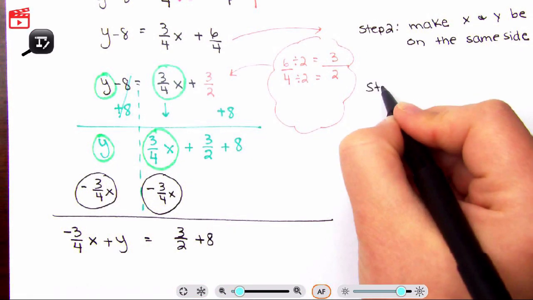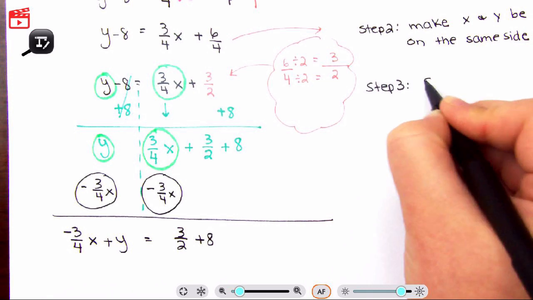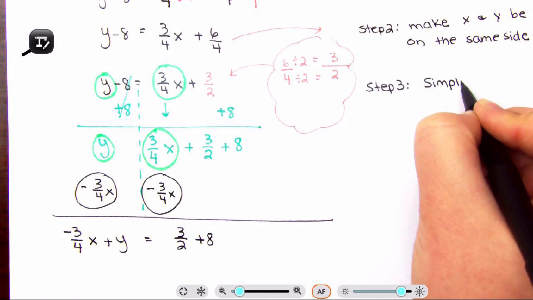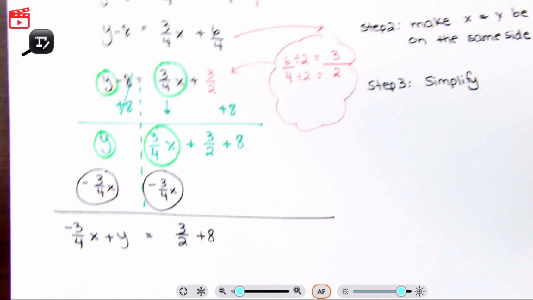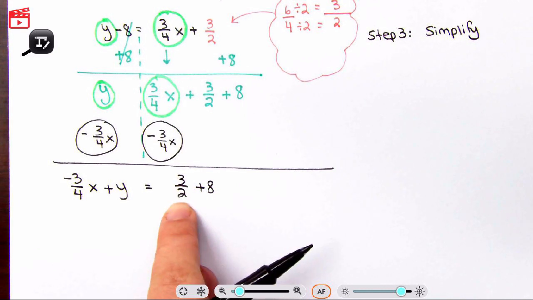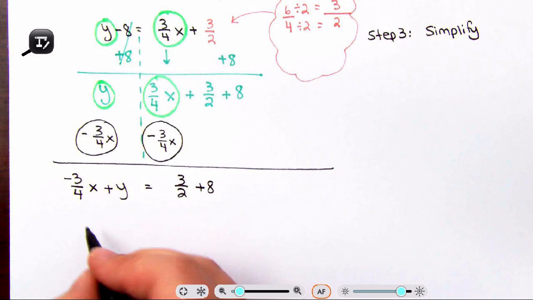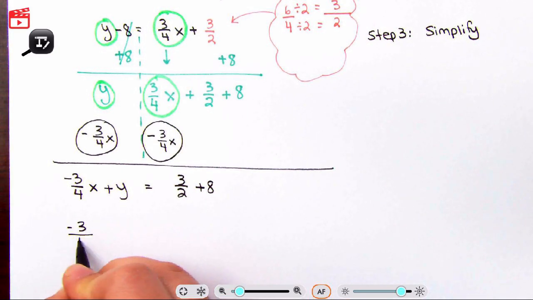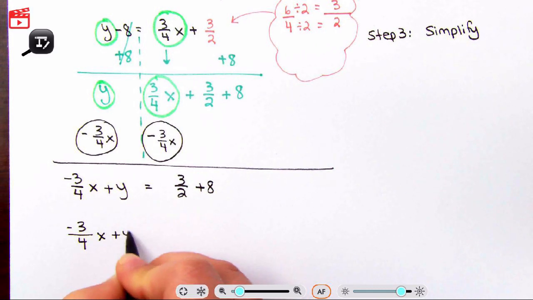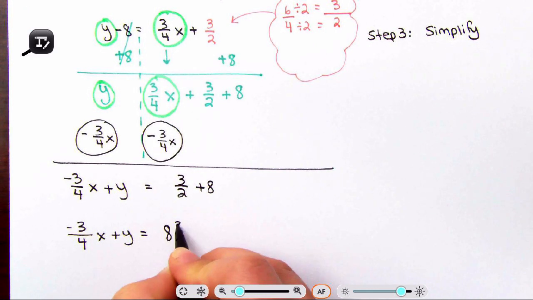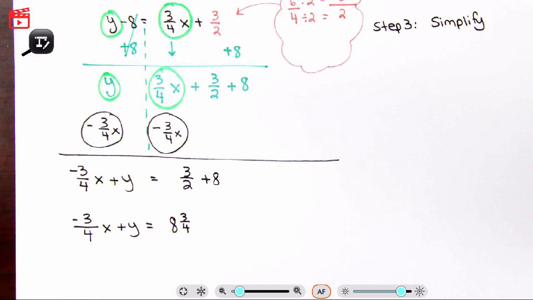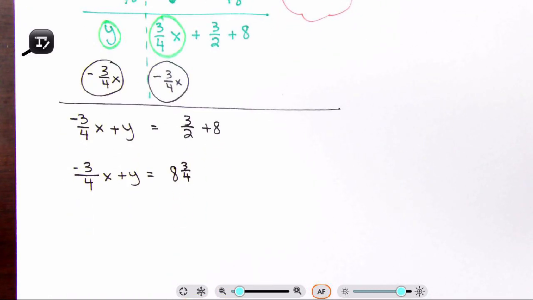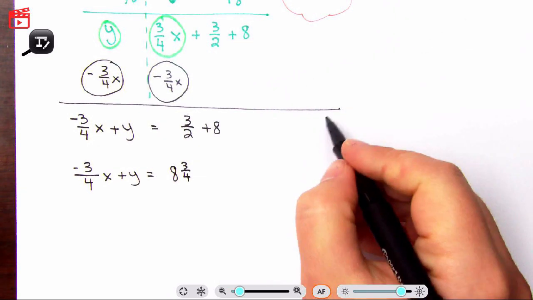Now for step number 3, I'm going to simplify. Combine things. So if I have 8 and 3/2, I can write that. So negative 3/4 x plus y is equal to 8 and 3/2. You can do that because this is addition. But here's my thinking bubble.